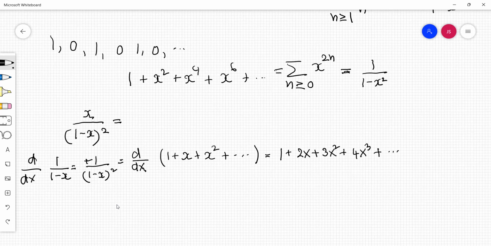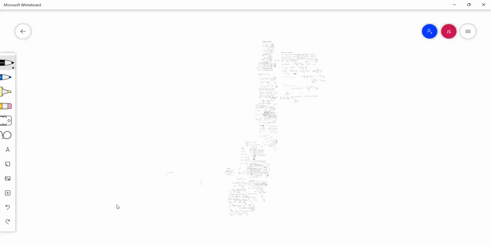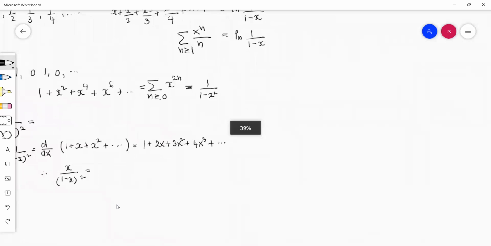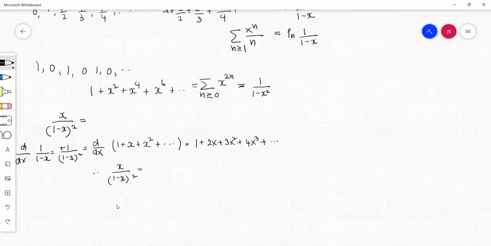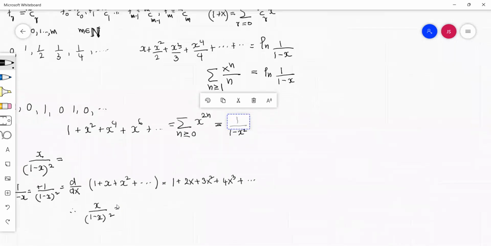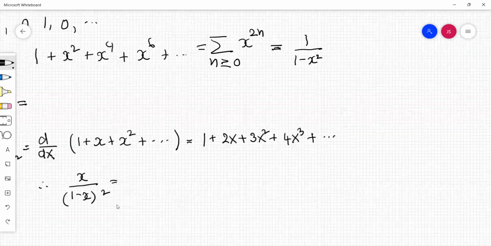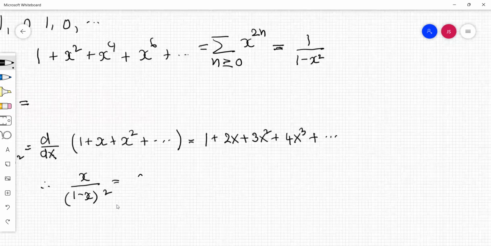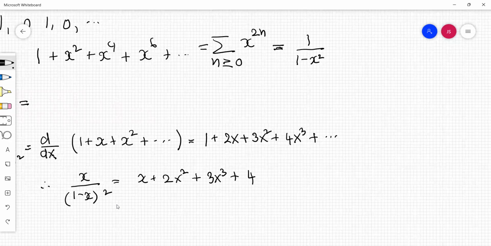So in that case, you can see that x over (1 minus x) squared is equal to x plus 2x squared plus 3x cubed plus 4x to the fourth and so on.